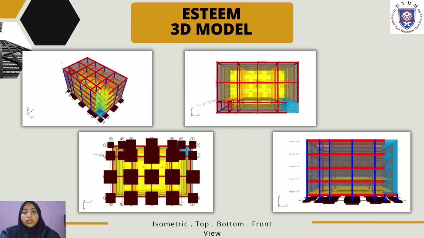And by using the Esteem software, we can also support our manual calculation that we have given in the project report. Based on the figure given, this is the picture of the front, top, bottom, and also the isometric view of our building, which consists of a 4-storey building.